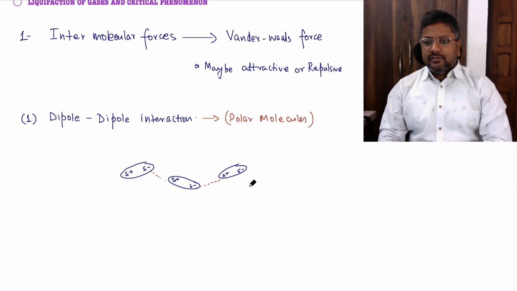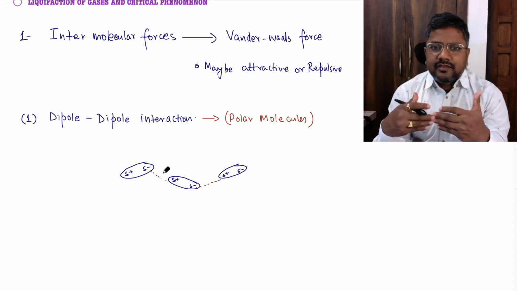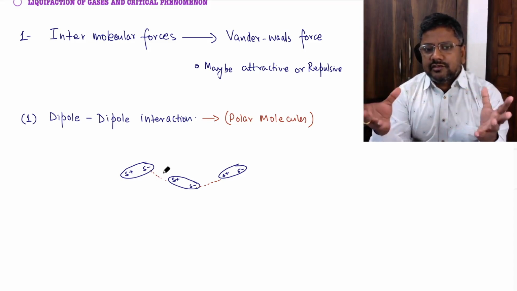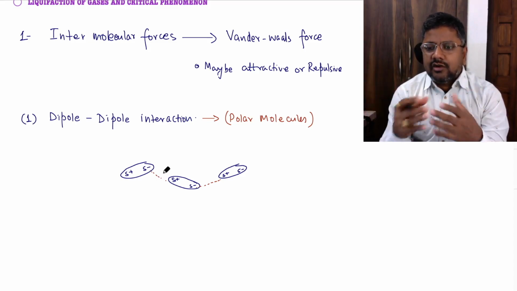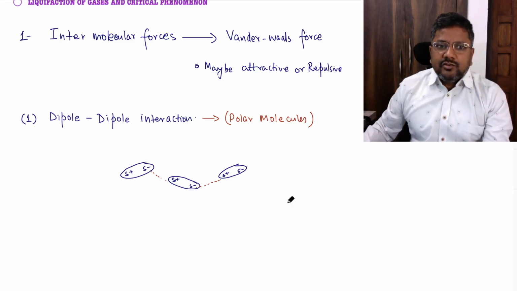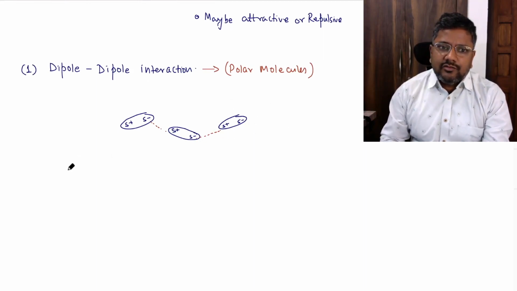Right? So between polar molecules, this is an intermolecular force, and due to this force, many properties of these molecules may alter from what you are expecting. They will show some different property. So in this dipole-dipole interaction, if we take the gaseous state, there are two situations.